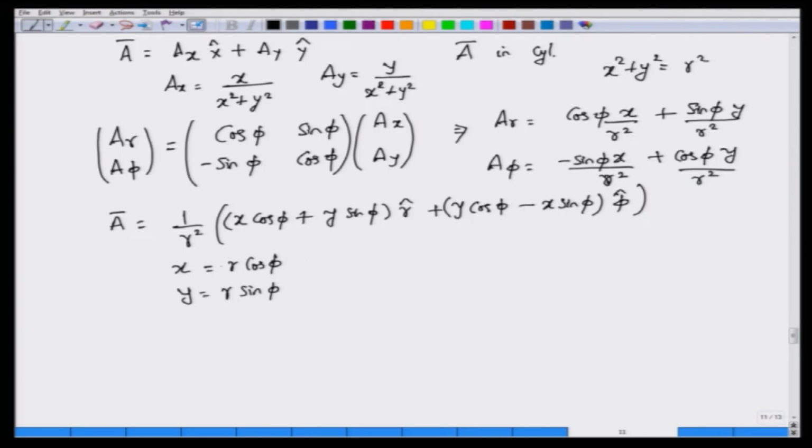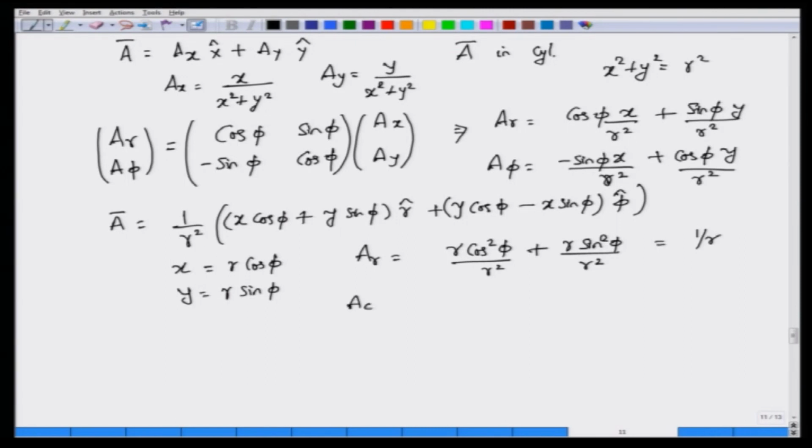If I substitute, this expression x cos phi plus y sin phi, that is the Ar term, will become, with x equal to r cos phi, r cos square phi by r square plus, with y equal to r sin phi, r sin square phi by r square, which is equal to 1 by r.